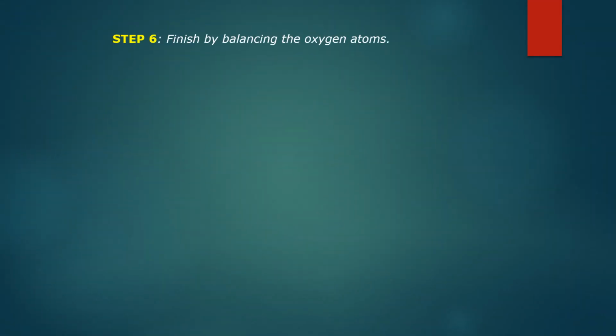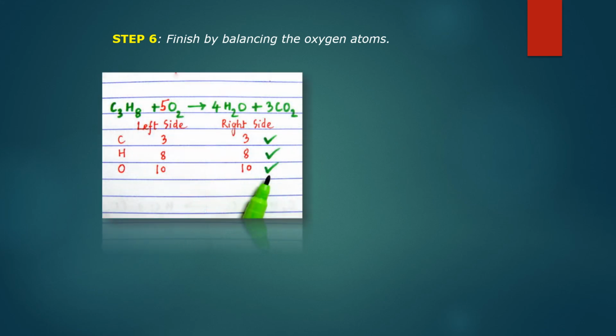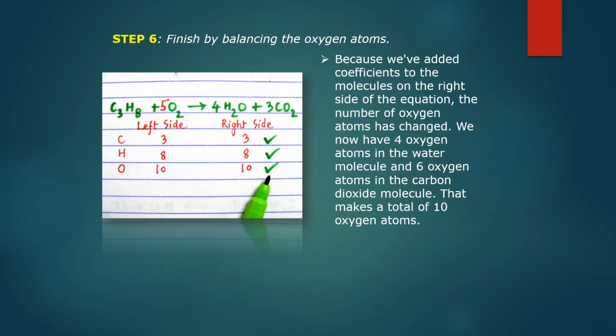Now we shall finish the balancing by balancing the oxygen atoms. We have a total of 3 into 2, 6, plus 4, that is 10 oxygens on the right hand side.